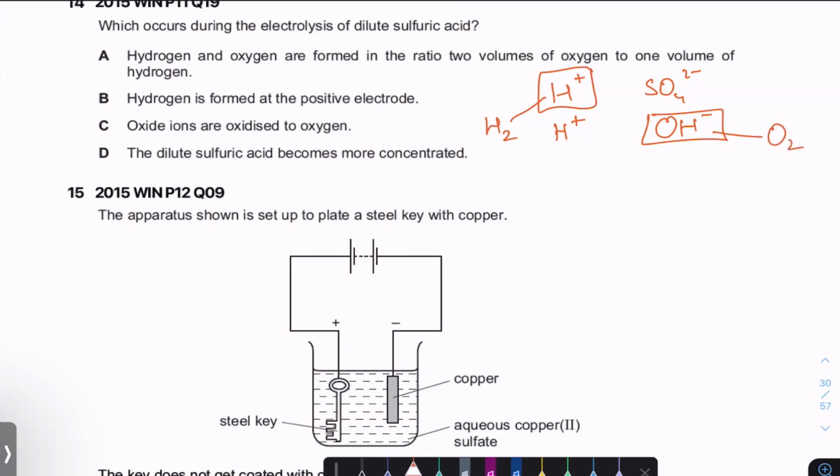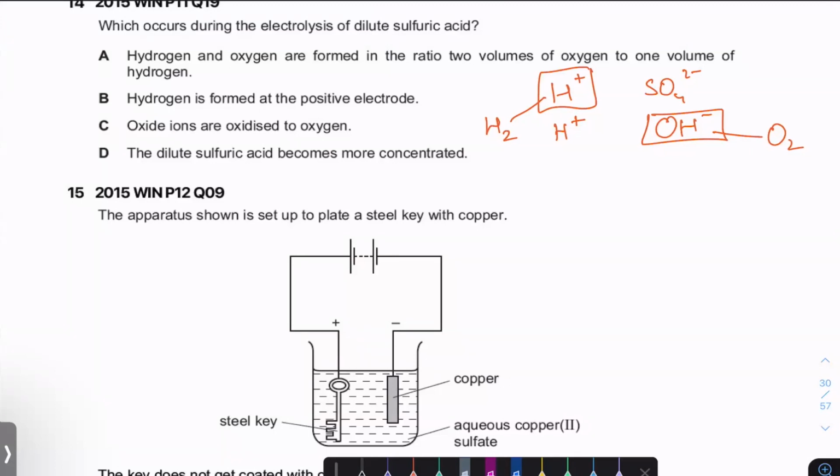This will form oxygen gas. And that means technically you're just removing water. Because look, the H positive ion was coming from water, the hydroxide ion was coming from water, so they're both gone. So you're left with, again, H2SO4, but with less water. So the solution will obviously have less water.